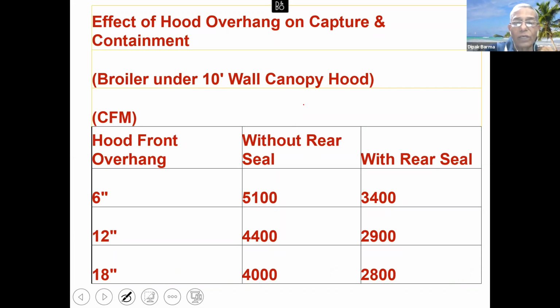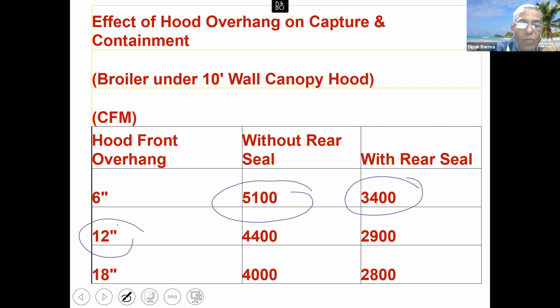Same thing which we are talking about is with a hood front overhang of 6 inches, without rear seal, we'll need 5100 CFM. With rear seal, which is the wall or the backside, we will need this much of a lesser airflow requirement.